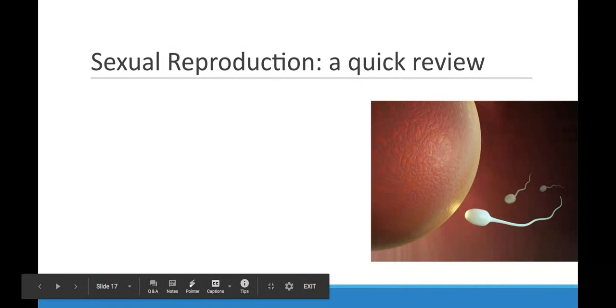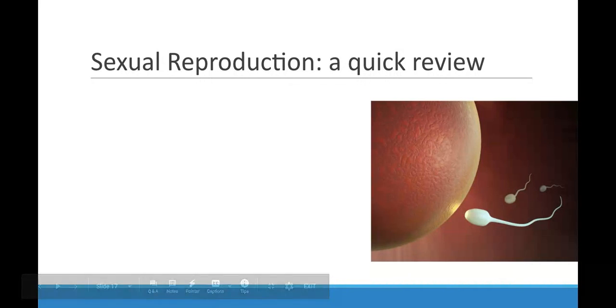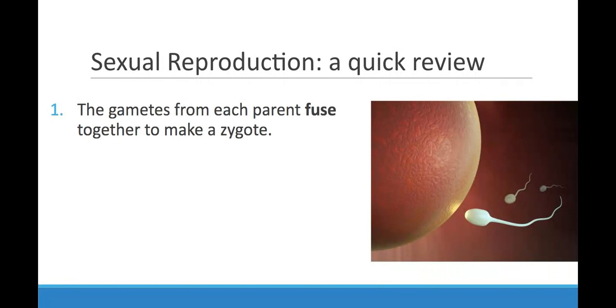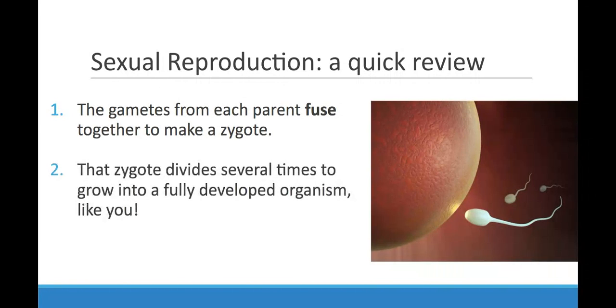So if we remember how sexual reproduction works, the sex cells or gametes from each parent are going to fuse together to make a zygote. The zygote then divides a bunch of times and then grows into a fully developed organism like you or me. So each sex cell has one allele for each gene in it.